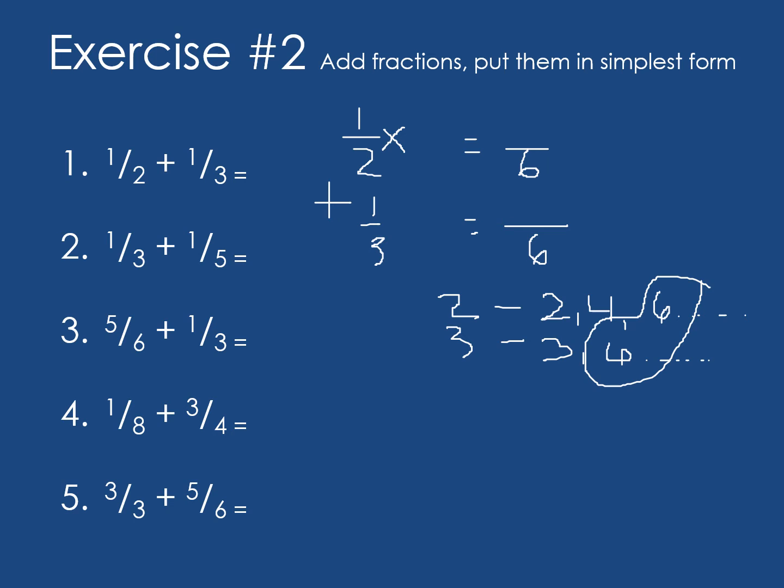So what is the number that will get the answer of 6? Okay, of course, 3. 2 times 3 is equal to 6. Of course, at the top or the numerator also is 3. They are the same. So 1 times 3 is equal to 3. So it became 3 over 6.